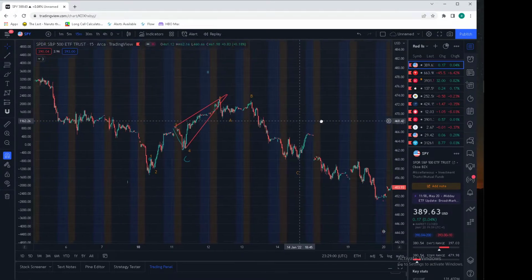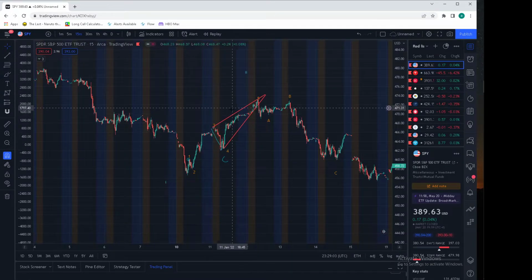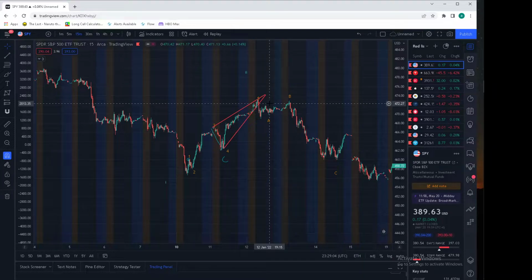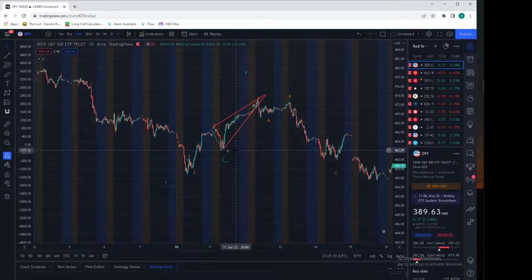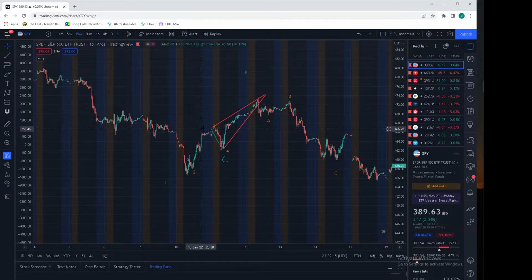All right. Wave 4 to 5 is my favorite wave to play because you already have 1, 2, 3, and 4 established. Once you have that third wave established and you start getting that rejection, you know it's coming down to four, to that 50%.